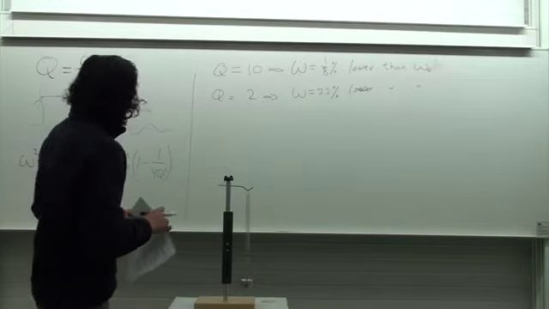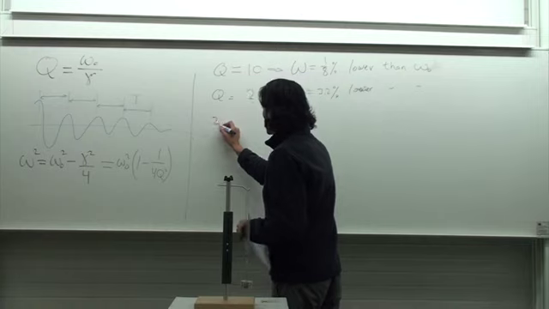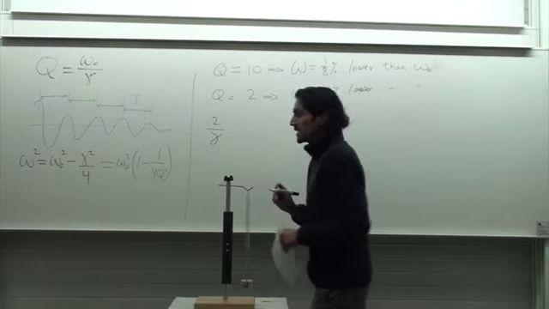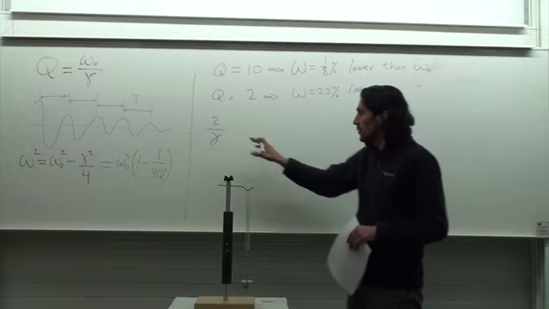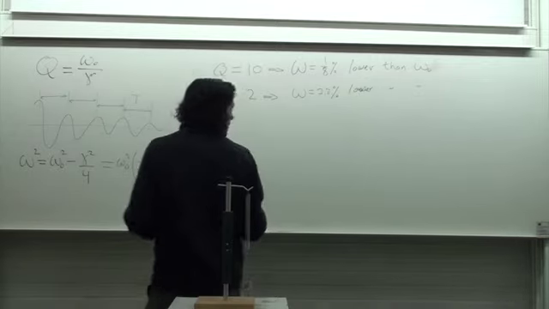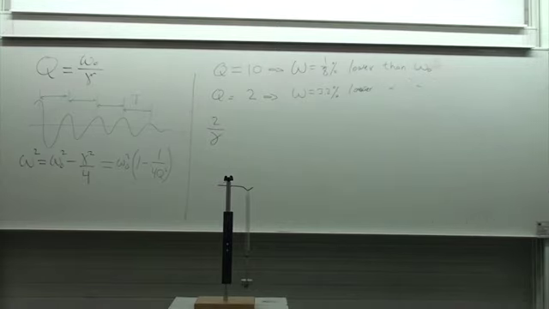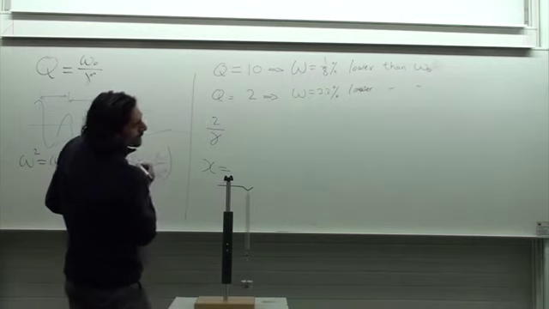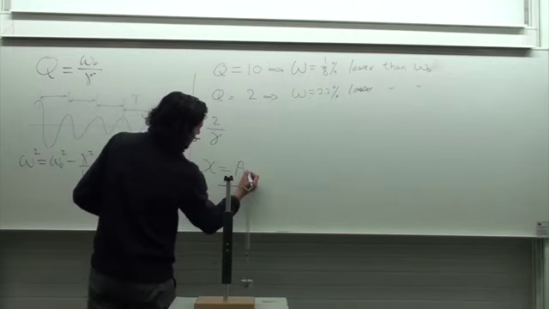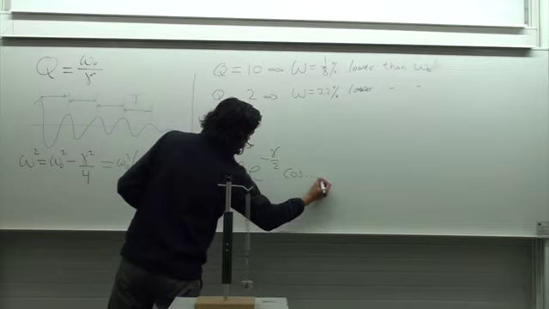We have to wait 2 over gamma seconds for the amplitude to go down by a factor of e. If I write this down here, x goes like A e to the power minus gamma over 2 times t, and then you have a cosine here.